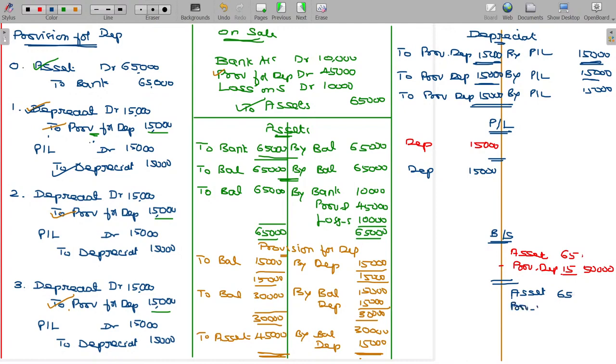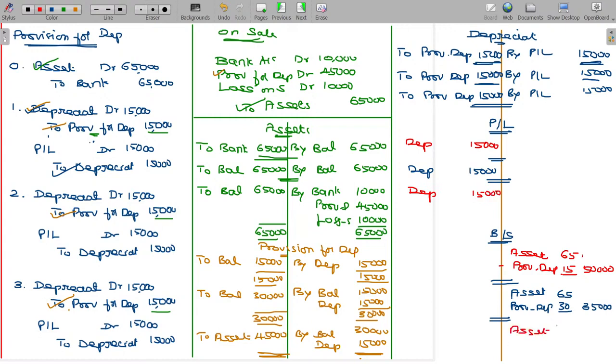Provision for depreciation 30,000. Now 35,000. Depreciation சொன்னால் நீங்க that subtract பண்ணிக்கலாம். Provision subtract பண்ணக்கூடாது. It's an accumulation and the account maintenance. That difference you know. Is that okay? And the third year again depreciation being 15,000 in balance sheet.